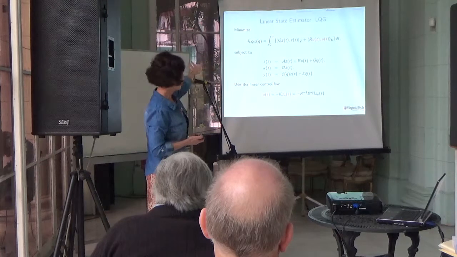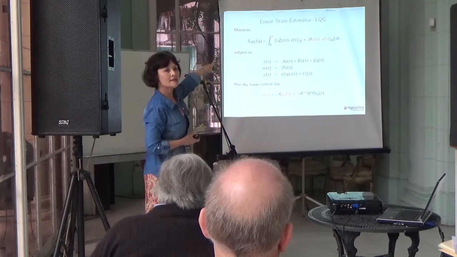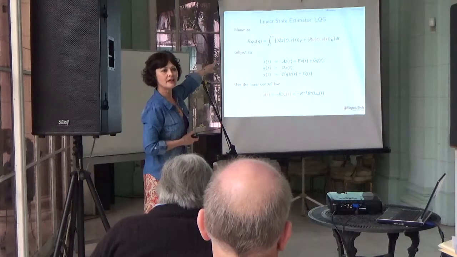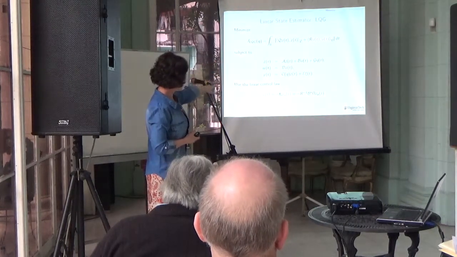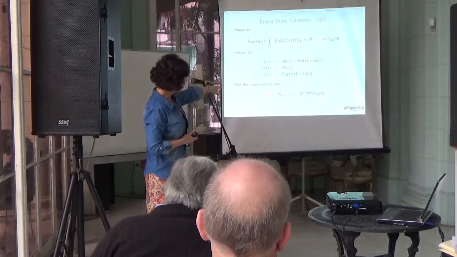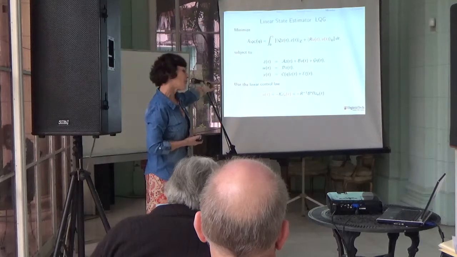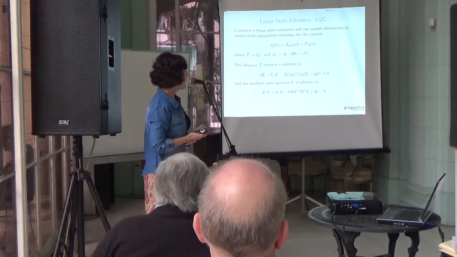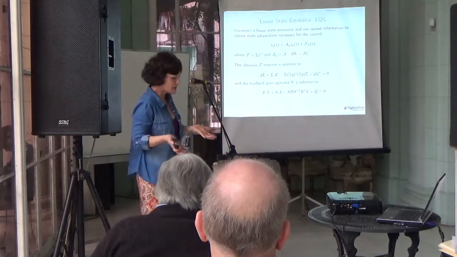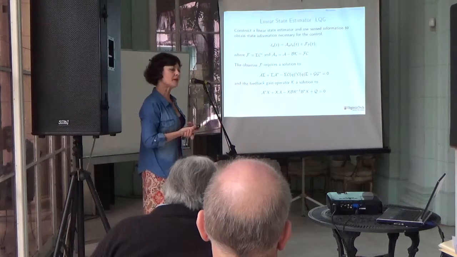My control is still a quadratic cost function. I now have a finite time horizon that should be large enough. In the past, it was infinite horizon. There's our problem, and now you can see that I want to use a state estimate, Z of E, to figure out what the control is, and Y must impact that. The most simple way to do this is a linear state estimator.